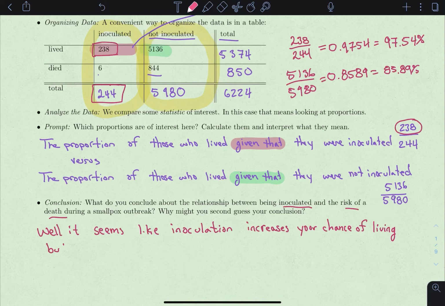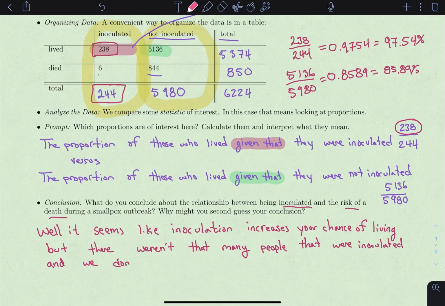There weren't that many people who were inoculated, and we don't have any other information about them. Don't know much else.